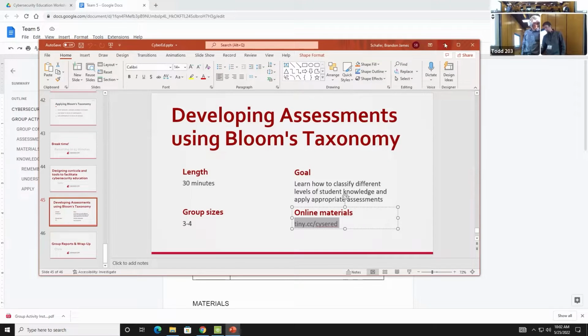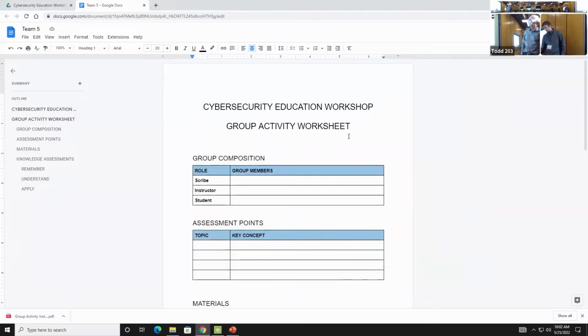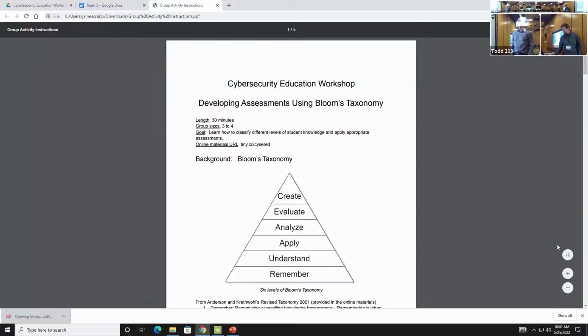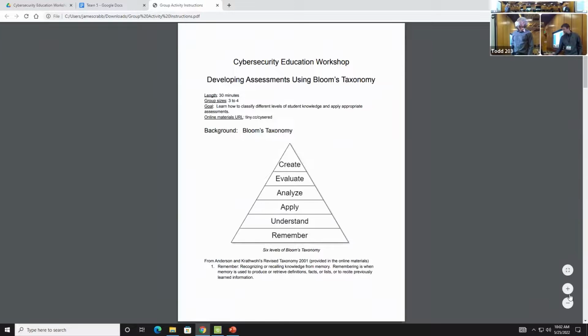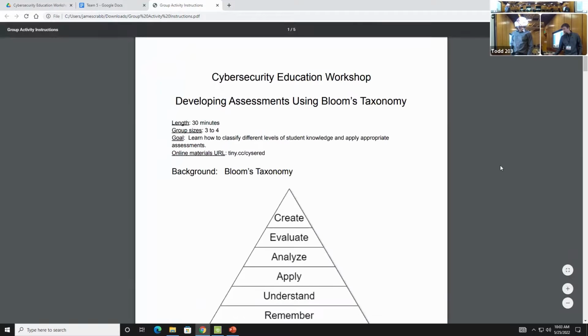So let's get to the document. One of the things we want you to do is, we've designated some roles for the group to try to make you work better as a team. Isn't there a document that describes that?